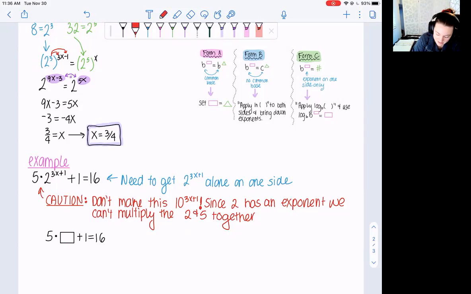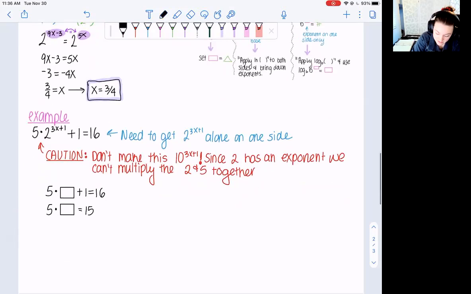You would start by subtracting 1 on both sides. So you would have 5 times whatever is equal to 15.